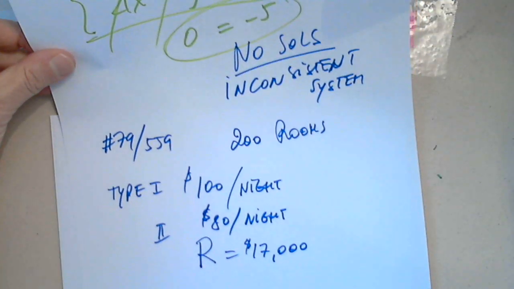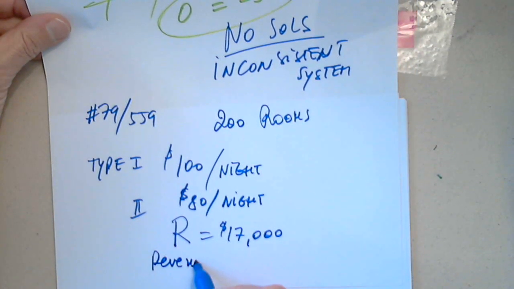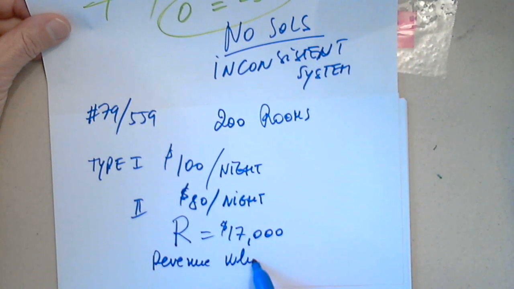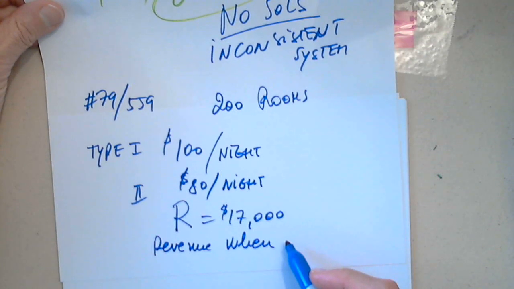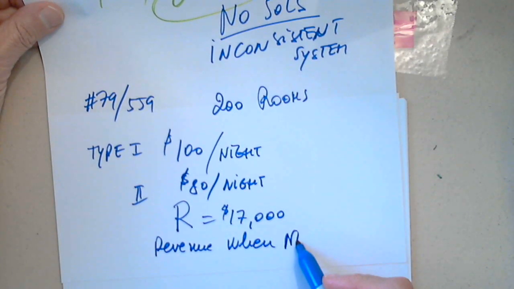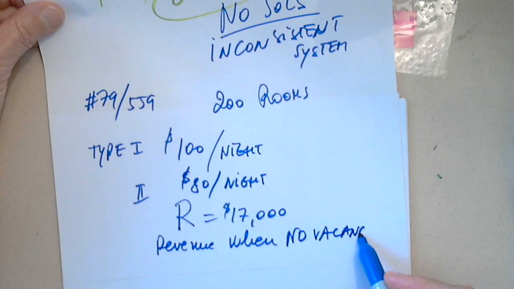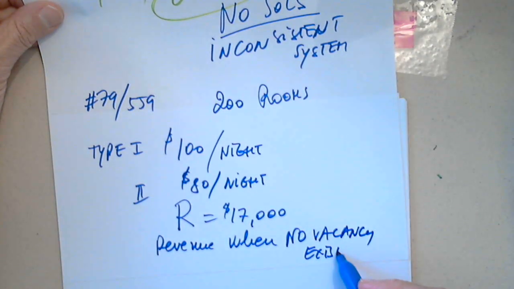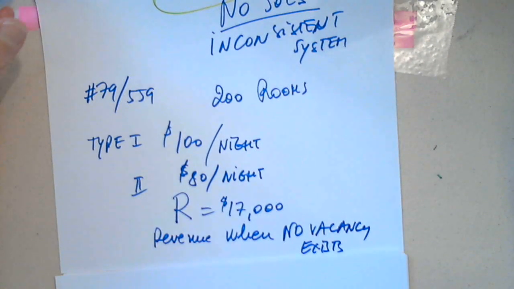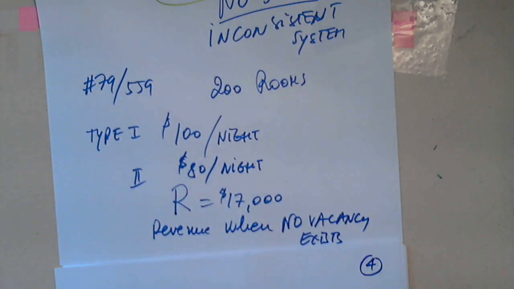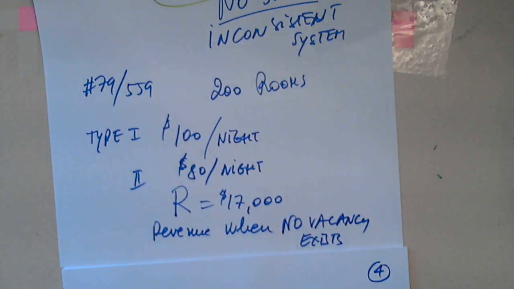So this is revenue when completely filled up, when no vacancy exists. Okay. How many variables do we have in this problem? How many unknowns?